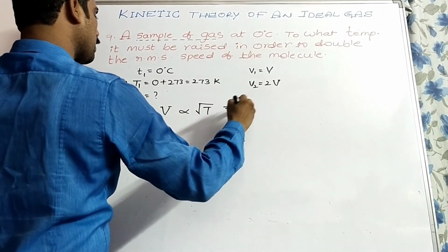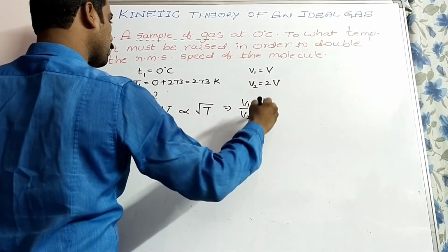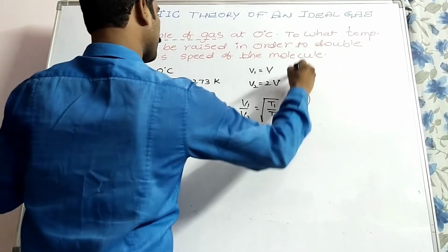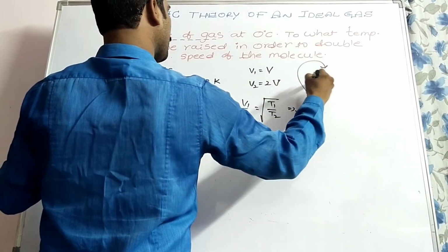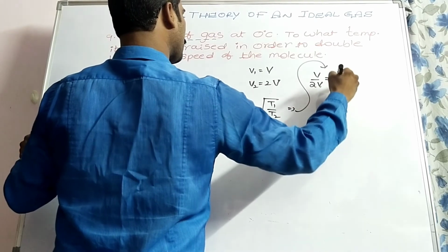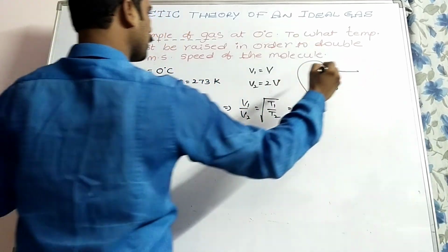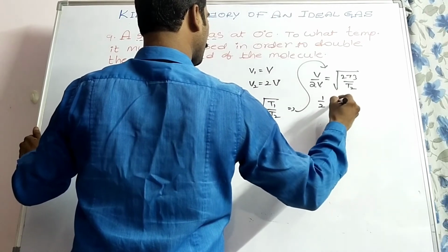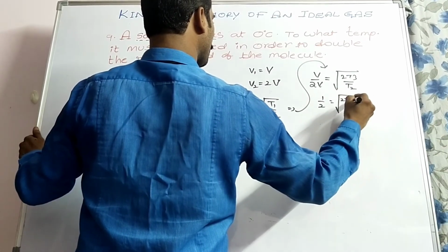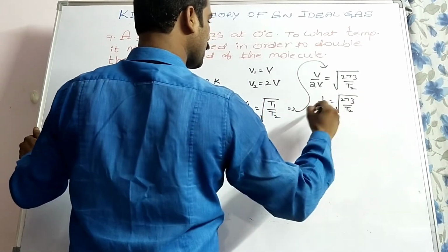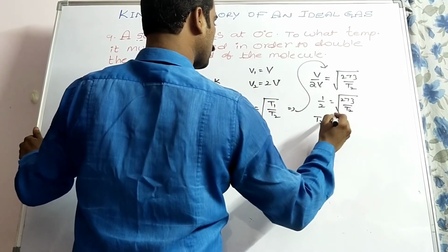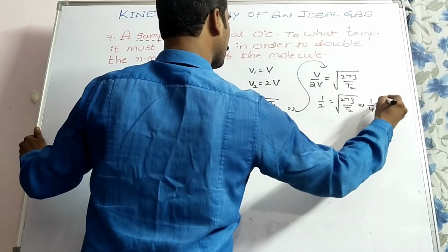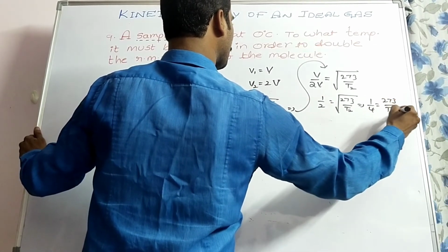That implies V1 by V2 is equal to root of T1 by T2. That implies V by 2V is equal to root of 273 by T2. 1 by 2 is equal to root of 273 by T2. Squaring on both sides, we get 1 by 4 is equal to 273 by T2.